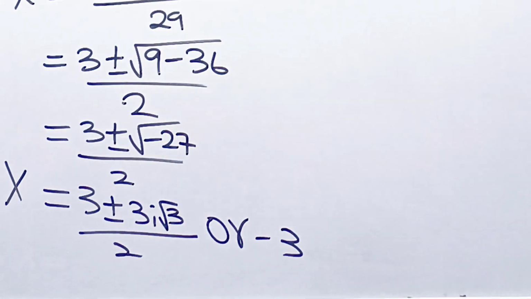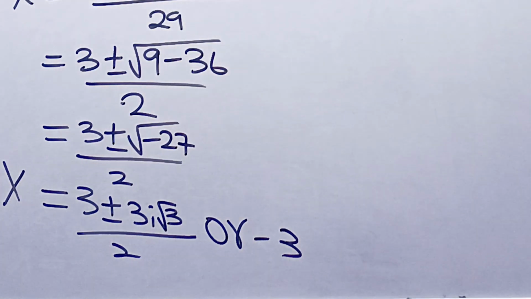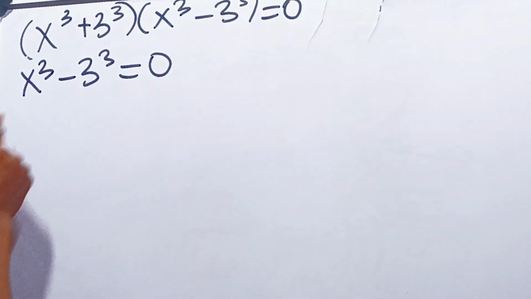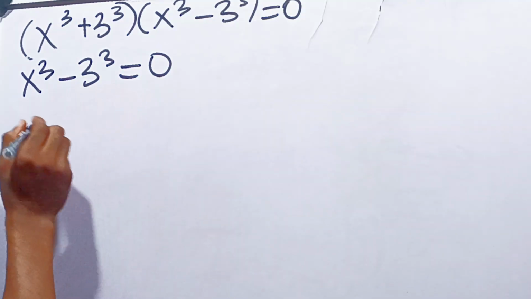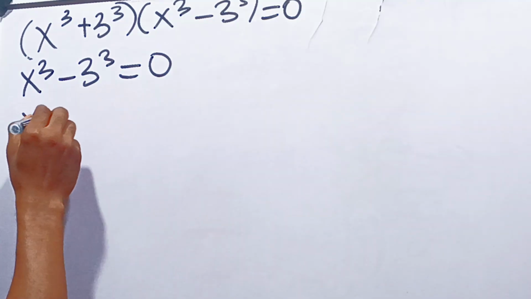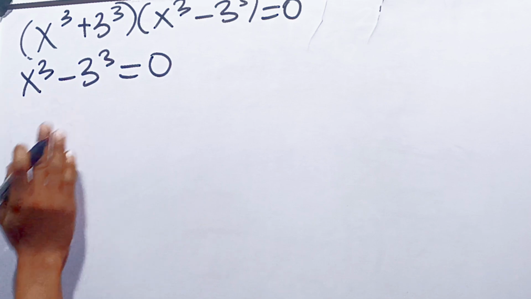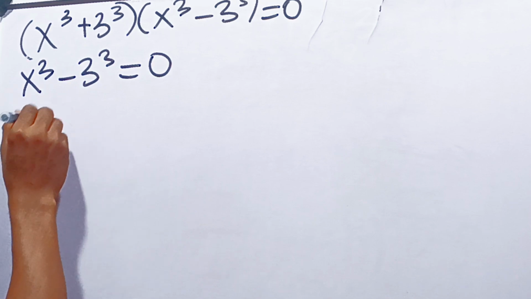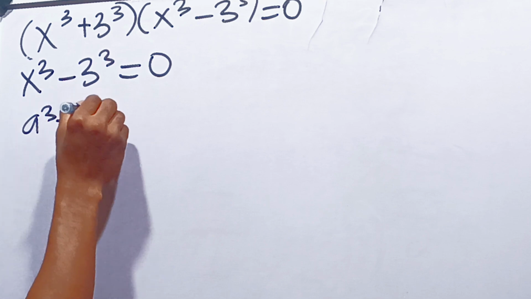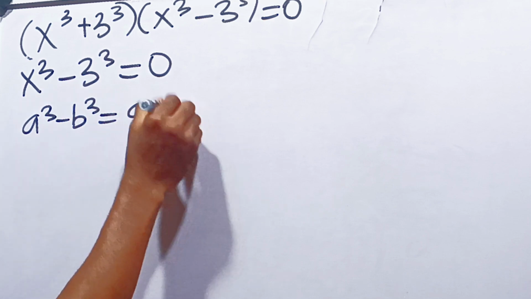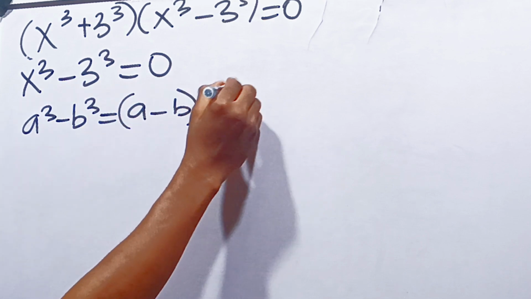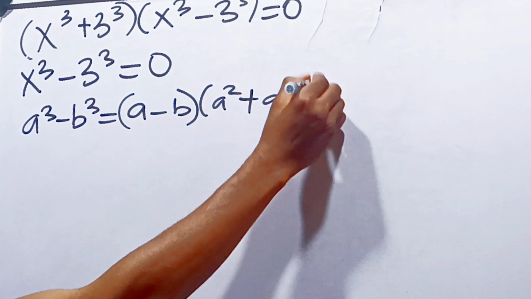Now let's see what we get for the second scenario. For the second scenario, we have that x cubed minus 3 cubed is equal to 0. This is a difference of 2 cubes. So we can say that a cubed minus b cubed is equal to a minus b multiplied by a squared plus ab plus b squared.